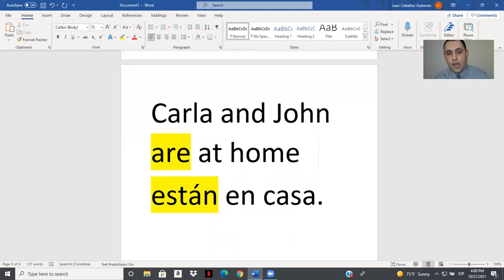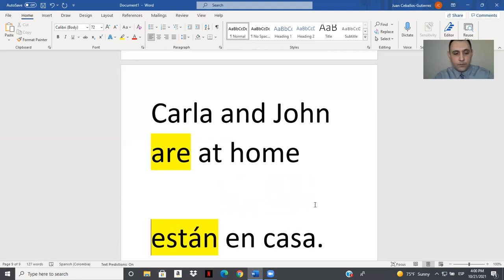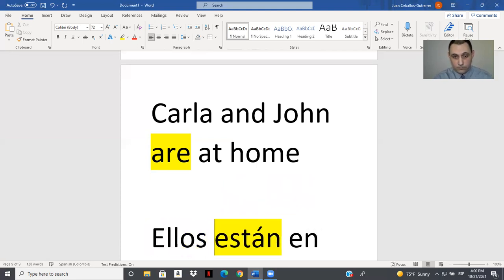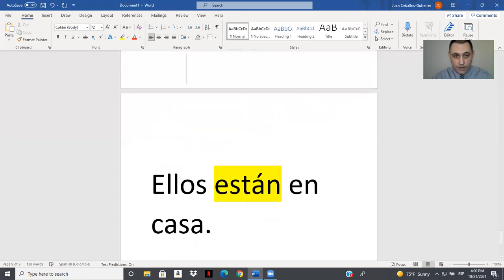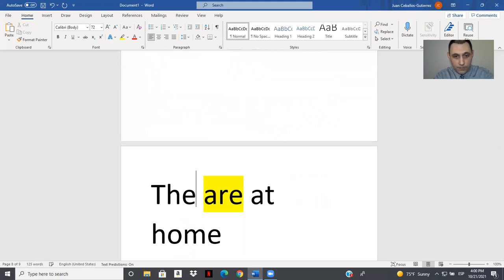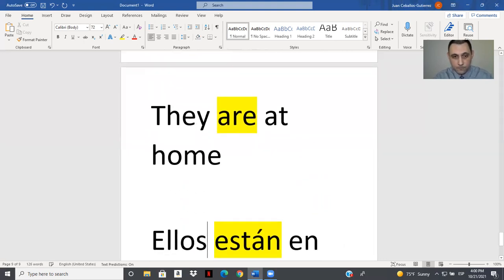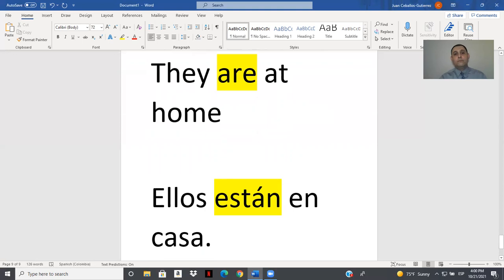I can take Carla and Juan and change it for ellos. And the same I can do in English: I can take Carla and Juan and replace it with they. As you see, they is third person plural. In Spanish, ellos is third person plural.